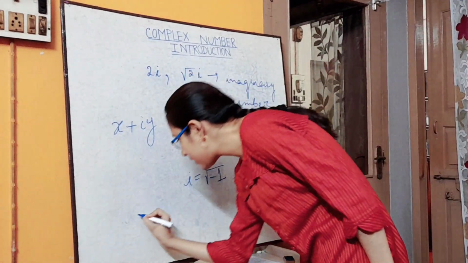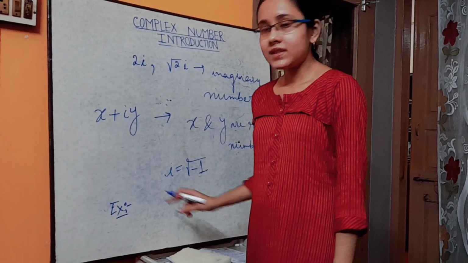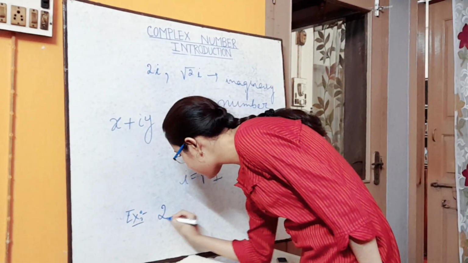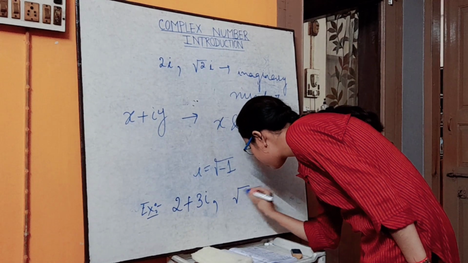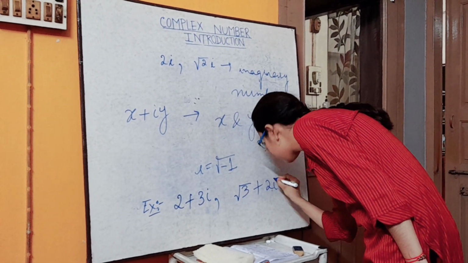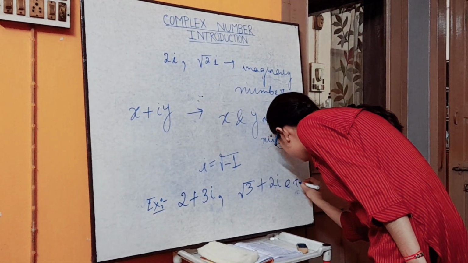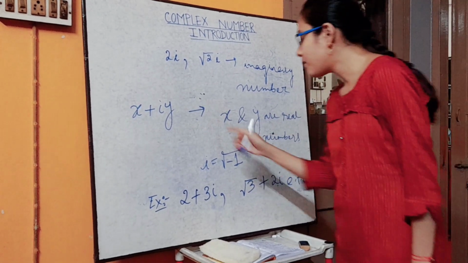Examples of these numbers are 2 plus 3 iota, root over 3 plus 2 iota, etc. So these types of numbers are complex numbers.